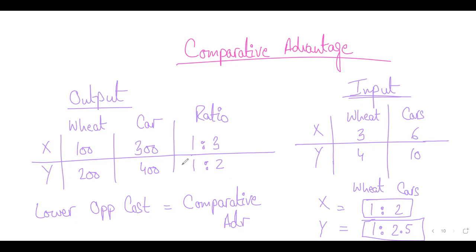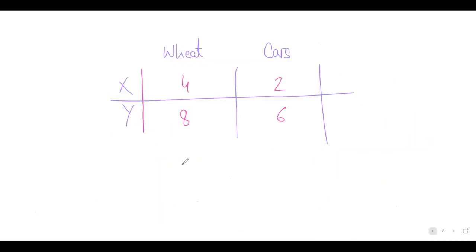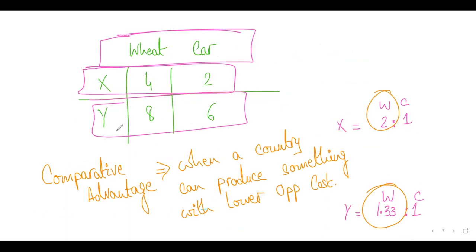And we did the same in the other example as well. Y had comparative advantage in wheat because in this case it was 1:2, and in this case it was 1:1.333. So compared to X, Y needed less resources to produce wheat.